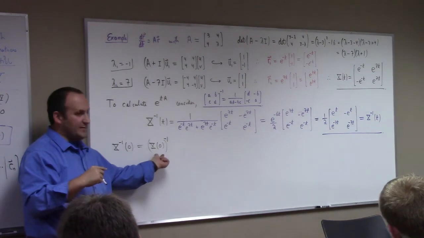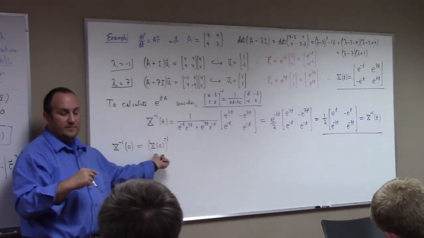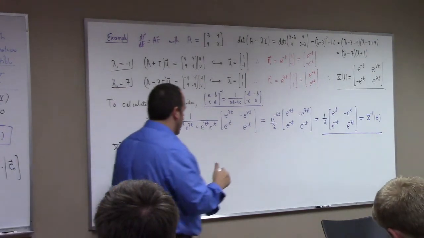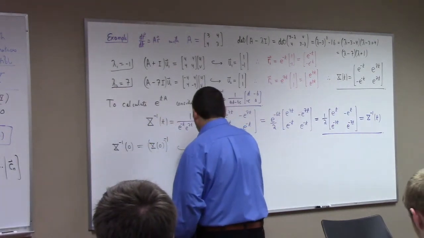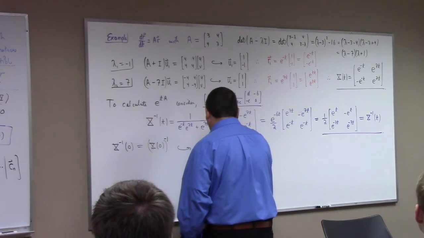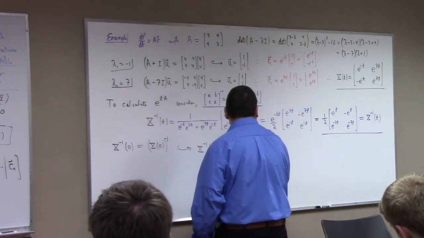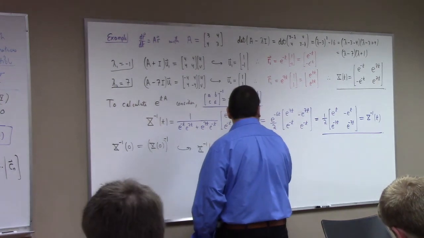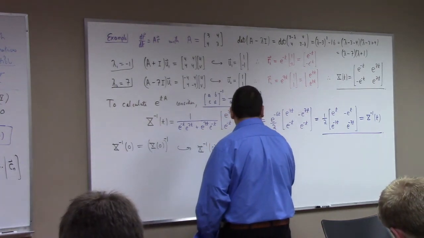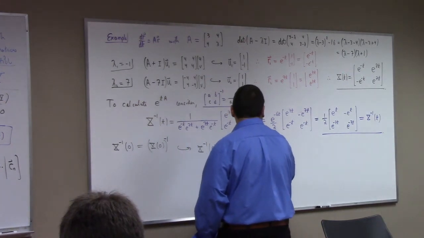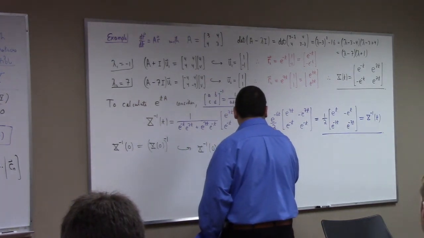Over here I'm saying plug in time 0 first and then invert. It's true that these are equal, so you could go either way, absolutely. We will both agree that the x inverse of 0 is equal to, well, 1/2, let me leave the half out front. I'm sorry, guys. It's equal to 1/2 times 1, minus 1, 1, 1.